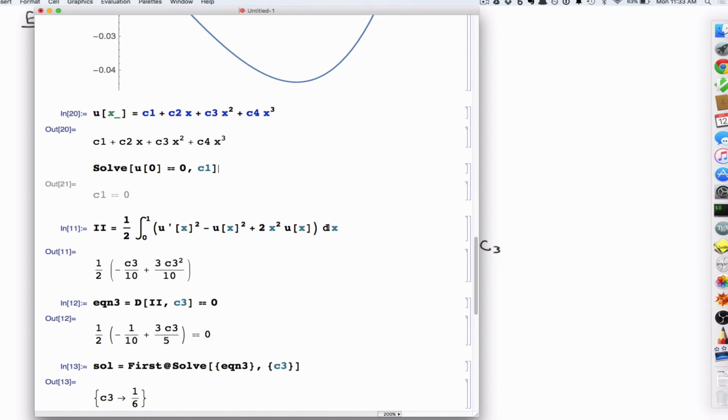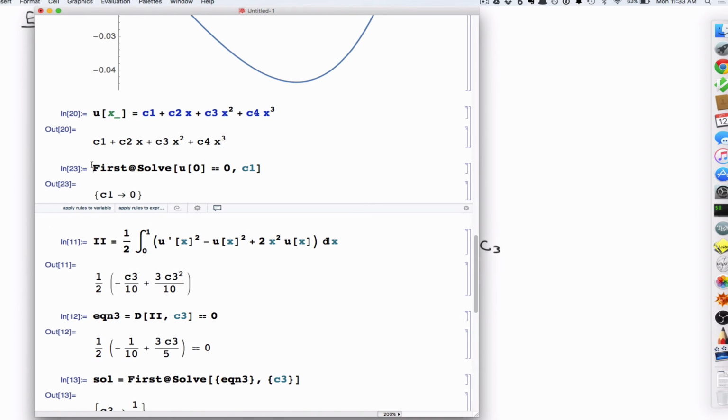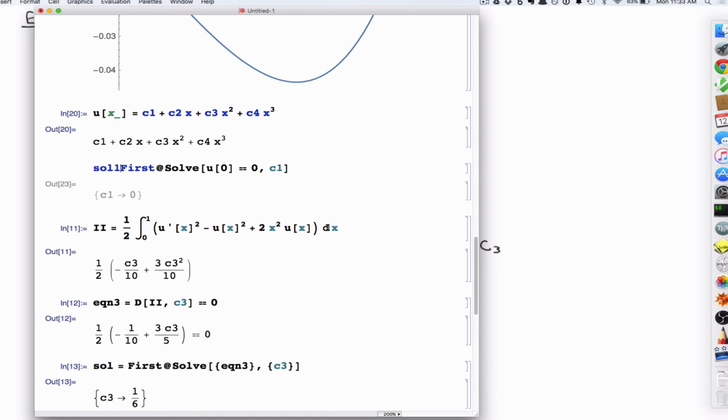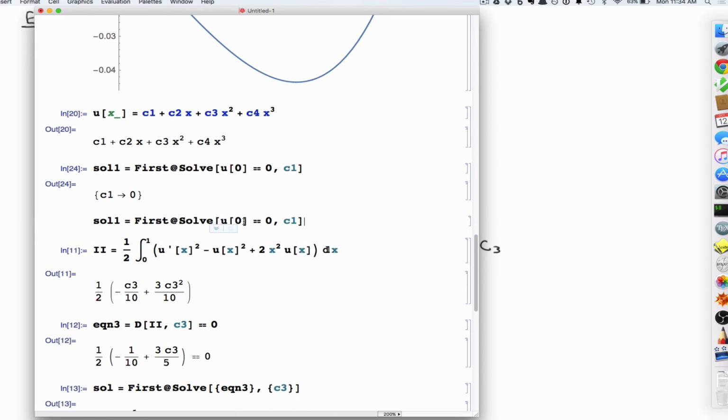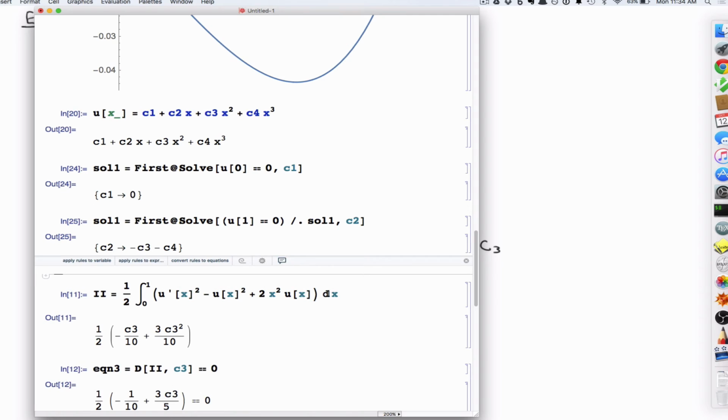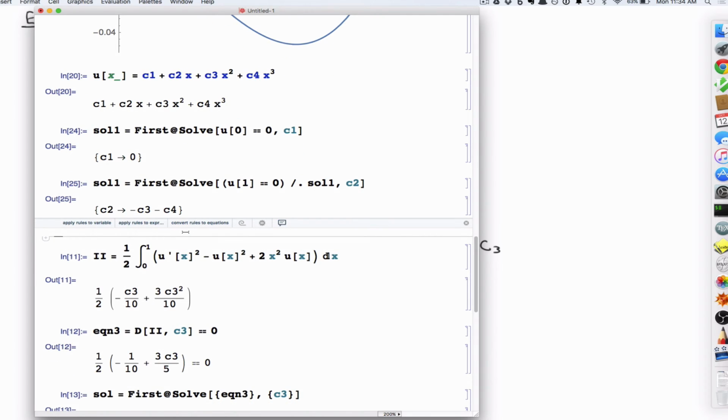I know I'm just doing it all programmatically. I know that's pretty obvious, but the reason is I want to make a substitution here. Then if I say u at 1 must equal 0, I want to substitute in the first solution, and solve for C2. Okay, so now I have that.